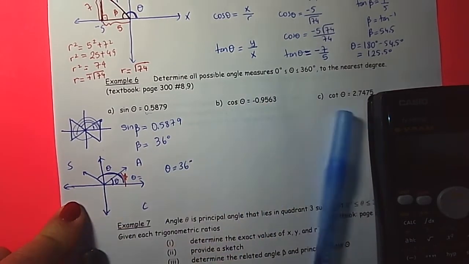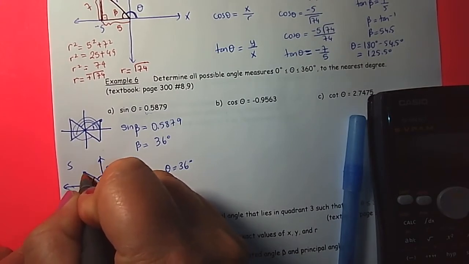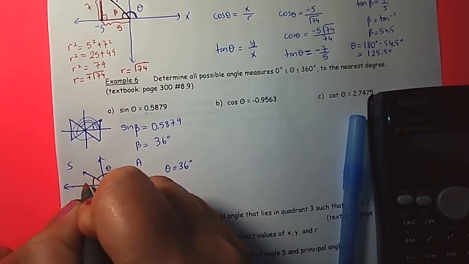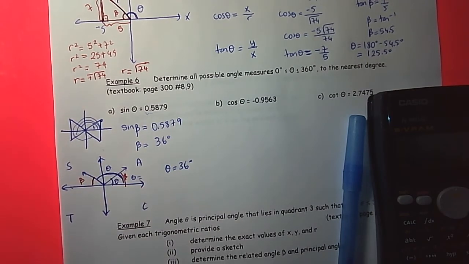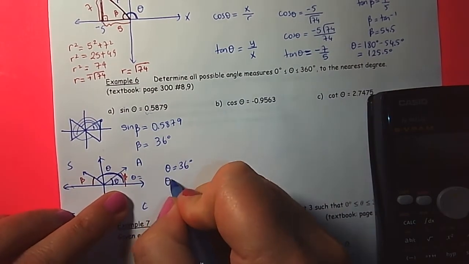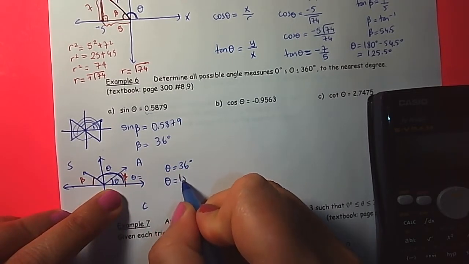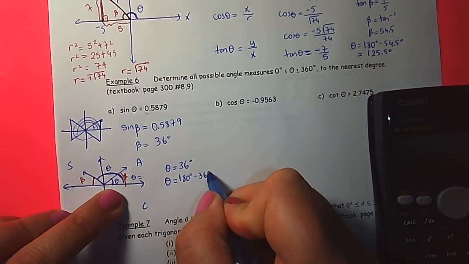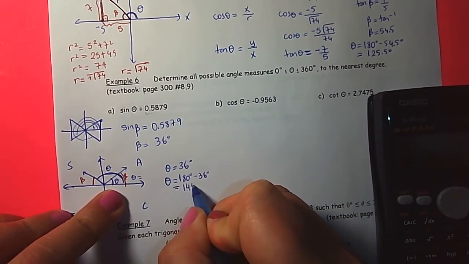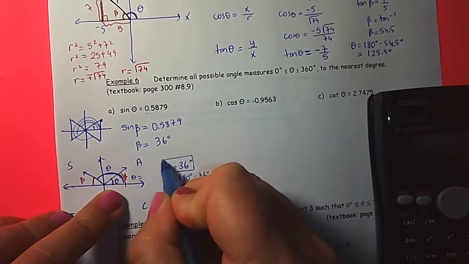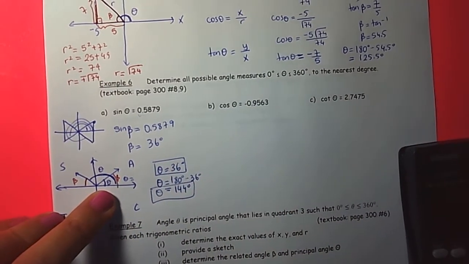In the second quadrant, remember, beta is always the angle between the terminal arm and the closest x-axis. To get the second angle theta, we subtract beta from 180. So 180 minus beta gives us 144 degrees. So we have 2 possible answers here.